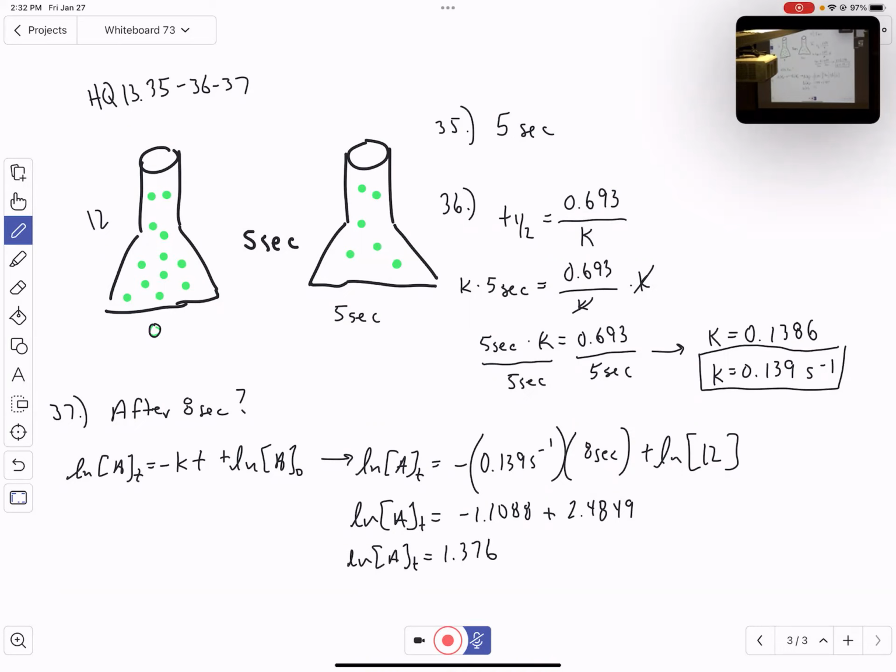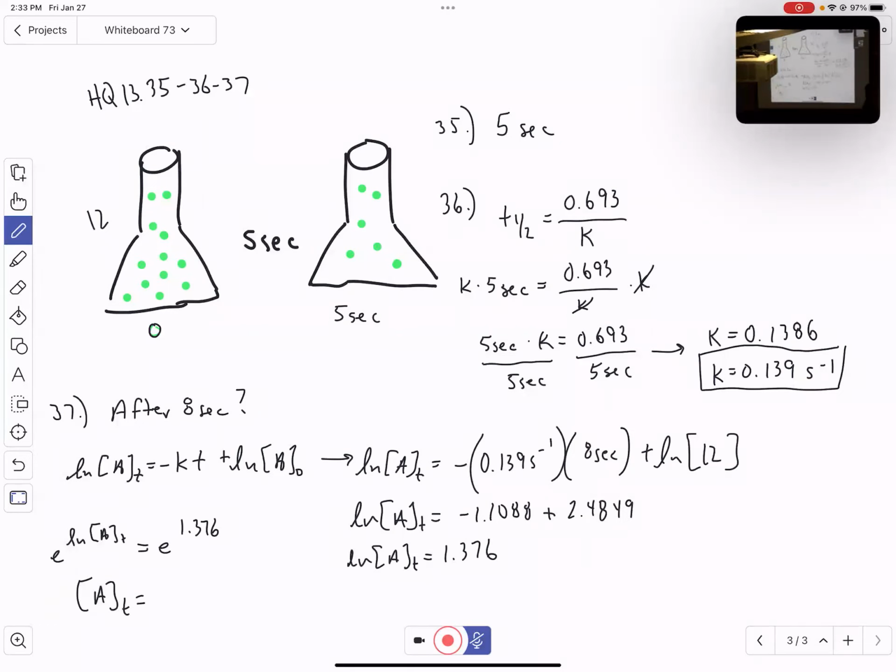Then the trick we did in class: we raise e to the natural log of concentration at time t, which means e to the 1.376. This gets rid of our natural log and gives us the concentration.